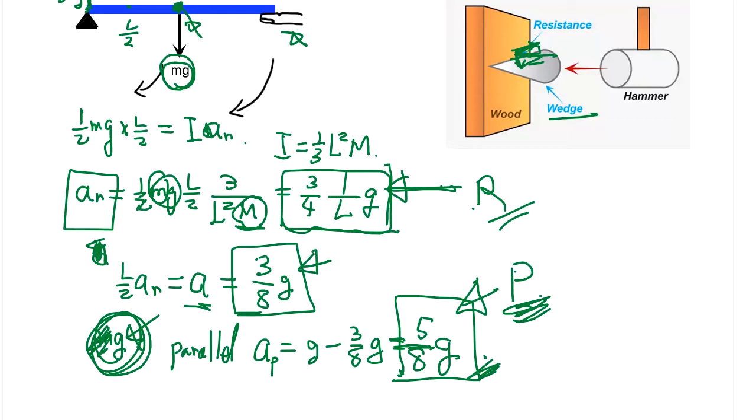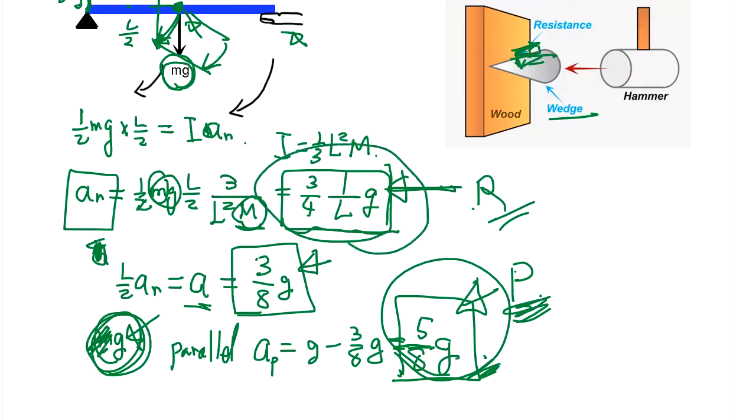Okay, so that means this point moved this way, and this vertical portion is going to be coming from this one, and this angular portion coming from this one. That's what it means, because this center of gravity doesn't go straight.